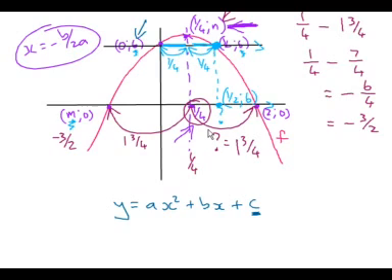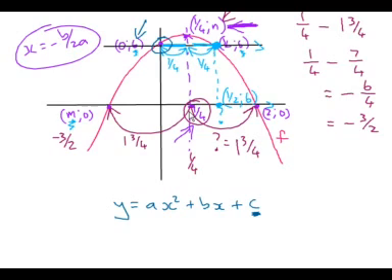Okay, I don't understand that. c, the value of c at the end of your equation is the y-intercept. Okay, yeah. And we know the parabola passes through the y-axis at 6.